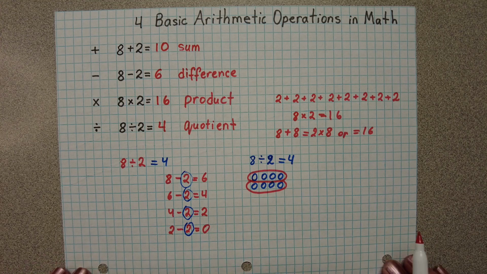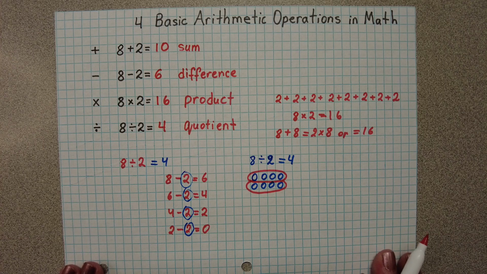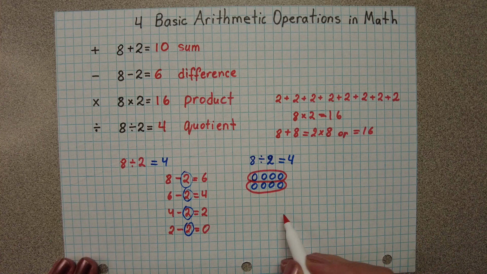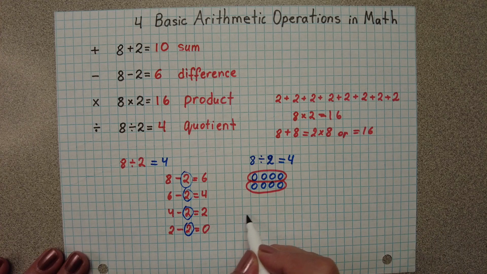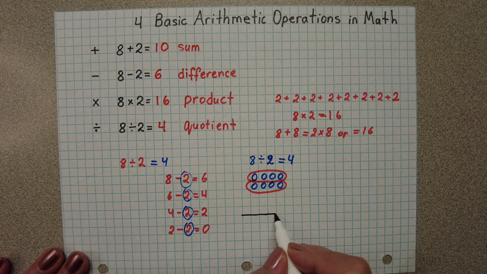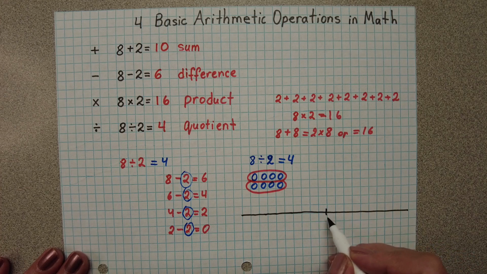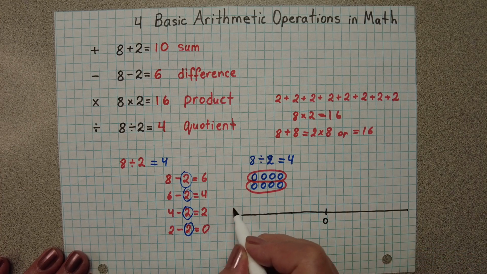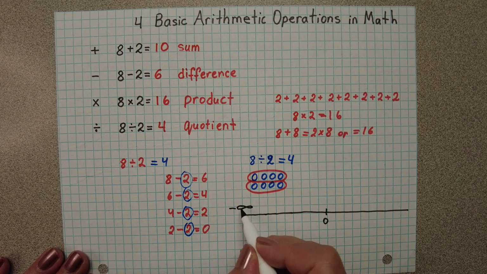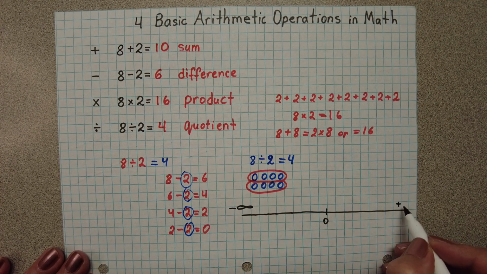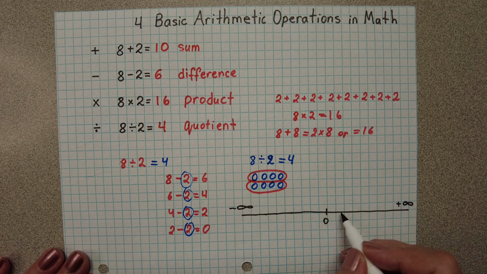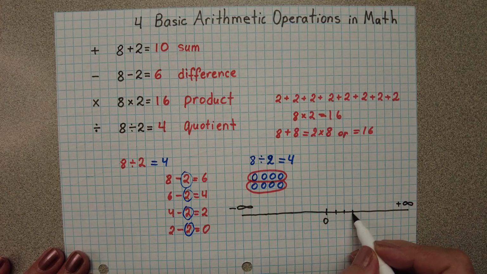So this is the very, very beginning and basic of the numbers. Also, I would like to show you how do we show the numbers on number line. The middle is 0. All numbers come from negative infinity and go to positive infinity. This side of the 0 are positive numbers.